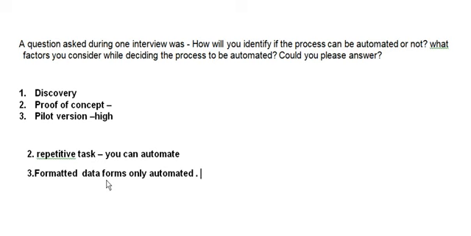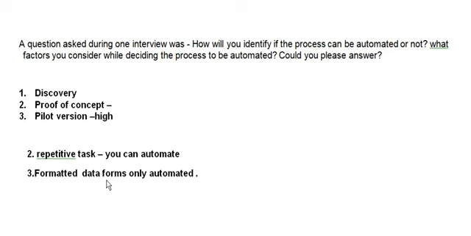That form has some formats like your name, your address, and your account number. Suppose you want to create a new account, they will give some forms, and you are planning to automate that form through your automation.